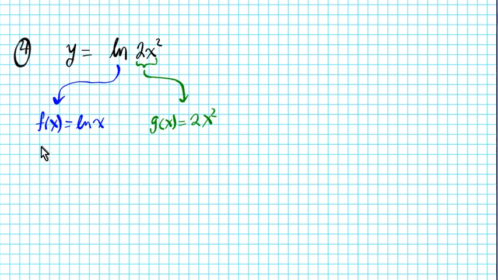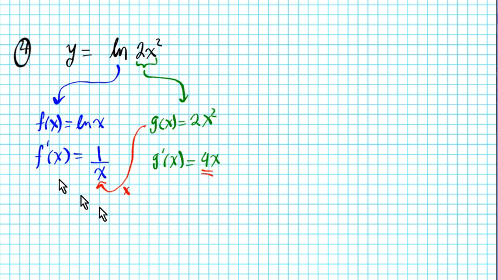Differentiate both of them. The derivative of ln x is 1 over x, and the derivative of 2x squared using the power rule is 4x. Now if we apply the chain rule, we're going to look at the derivative of the outer evaluated at the inner, basically taking the inner function and plugging it into all the x's of the outer, and then we multiply that by the derivative of the inner.